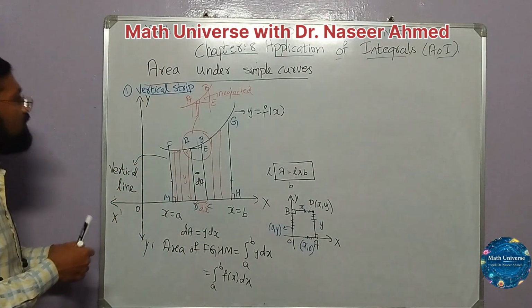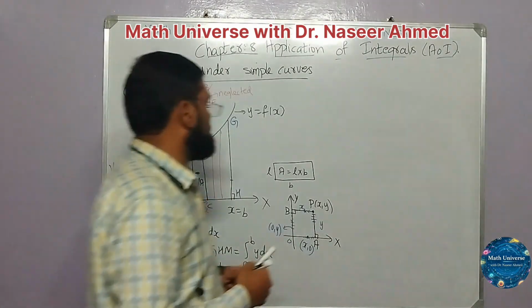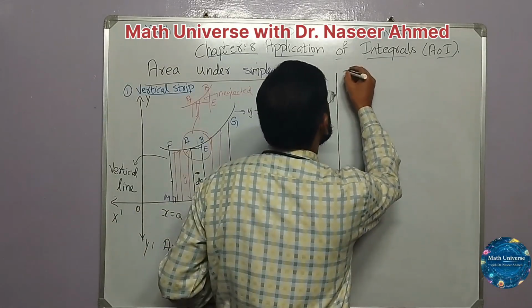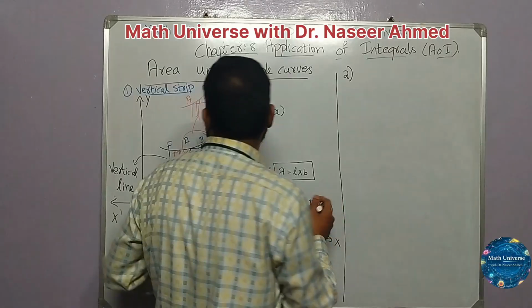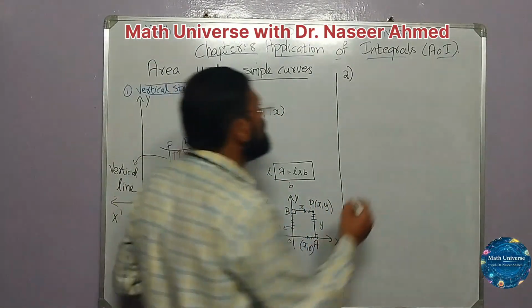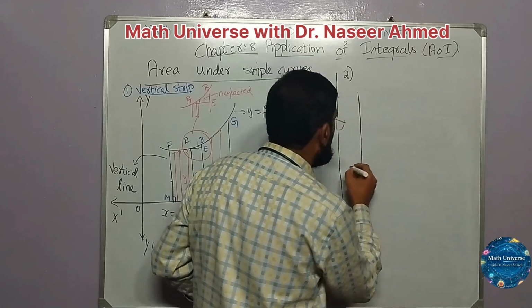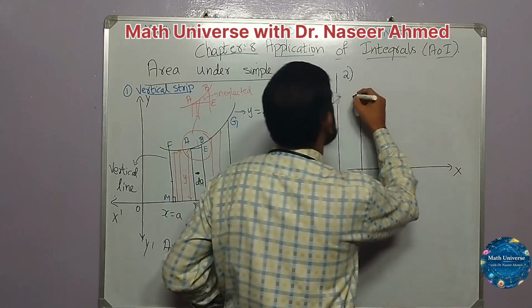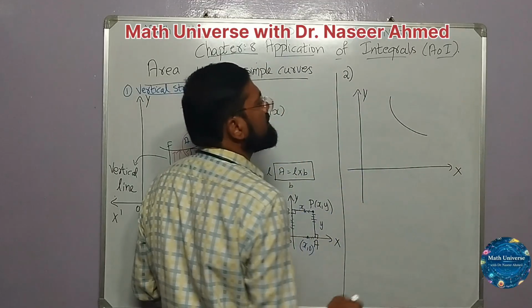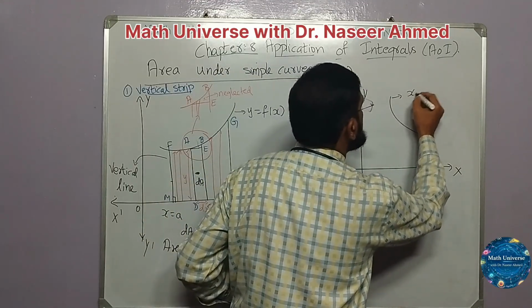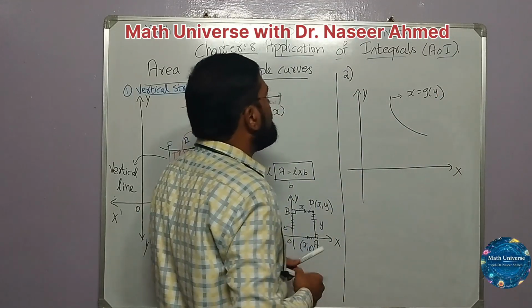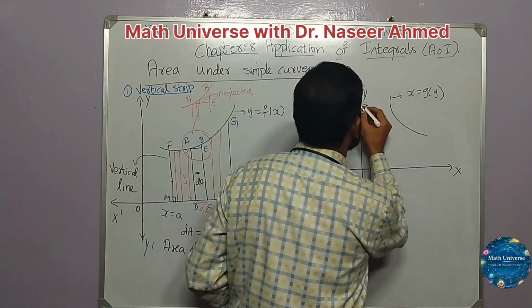Now let us also try to understand one more concept. It does not always happen that my curve is bounded by the x-axis. The area can also be bounded by the y-axis. Let us suppose the curve is something like this, and the equation of this curve is x equal to g of y, and I am going to have horizontal lines here.